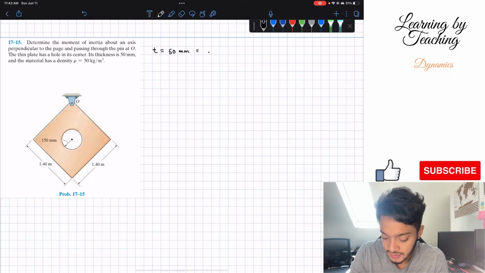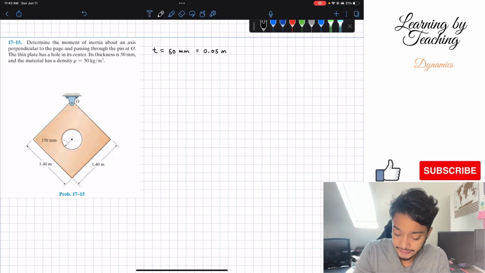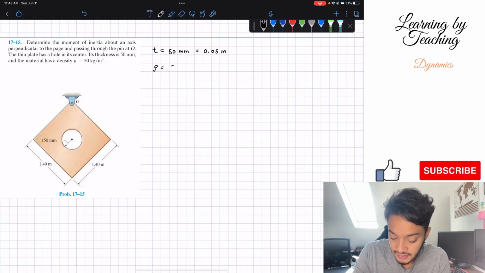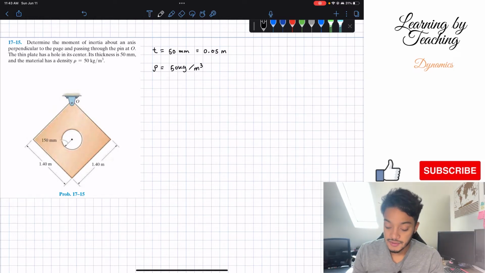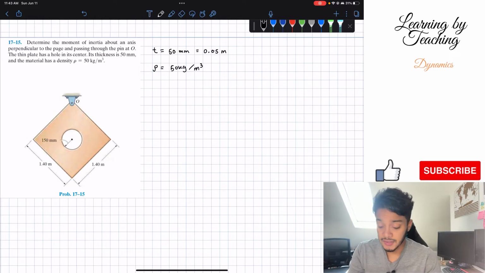I'm going to convert this into 0.05 meters, okay? Then the density, rho, of this plate is equal to 50 kilograms per meter cube. Okay, so those are my two givens.